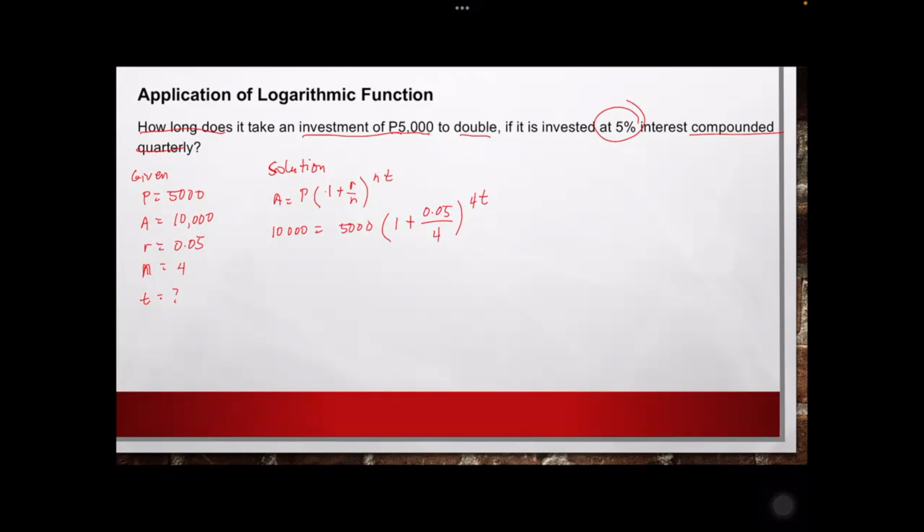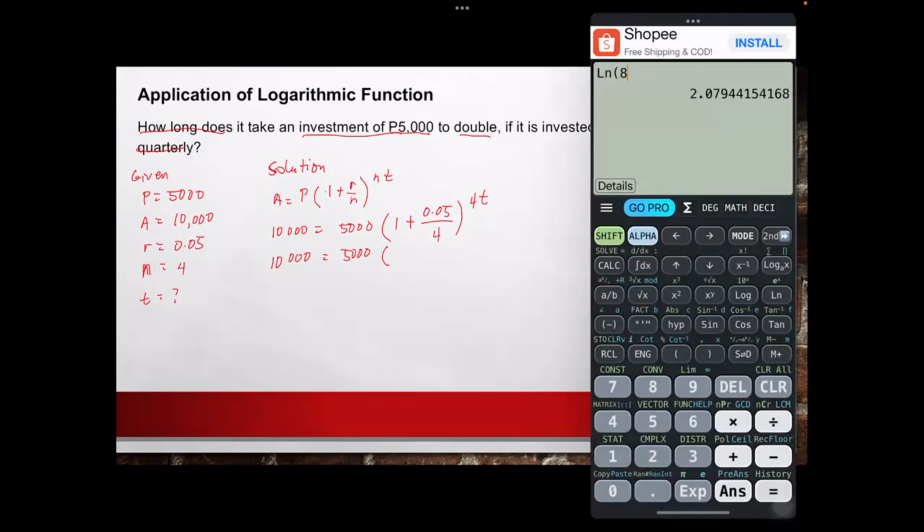Yung 1 plus 0.05 over 4. Gamit tayo ng calculator. So, bibigyan tayo ng 1.0125.